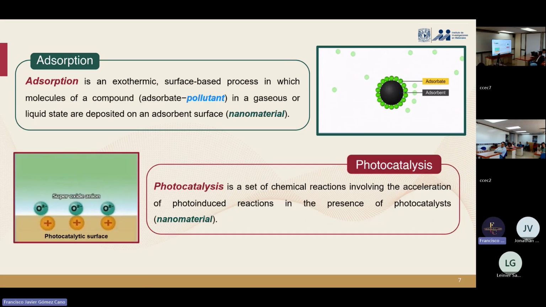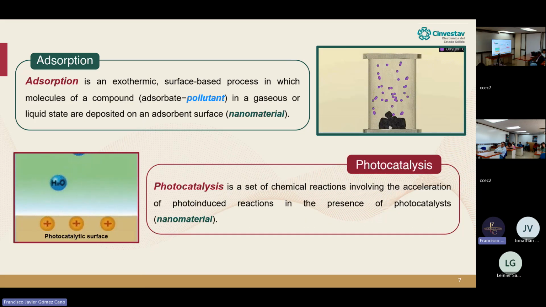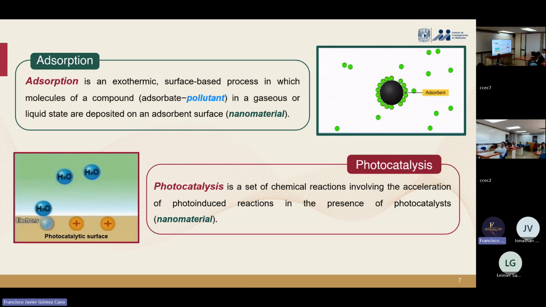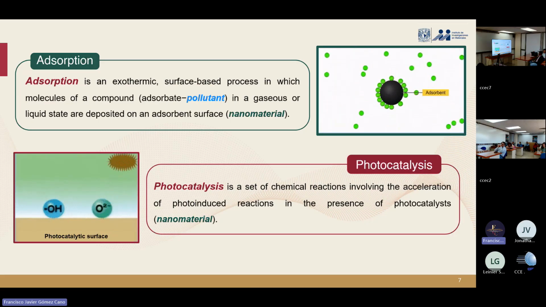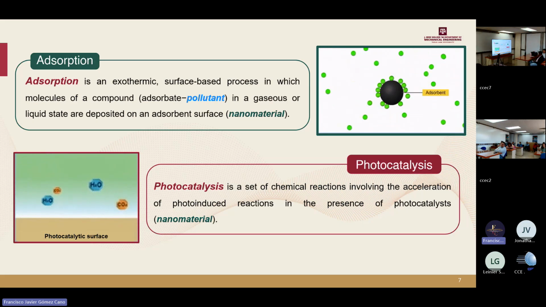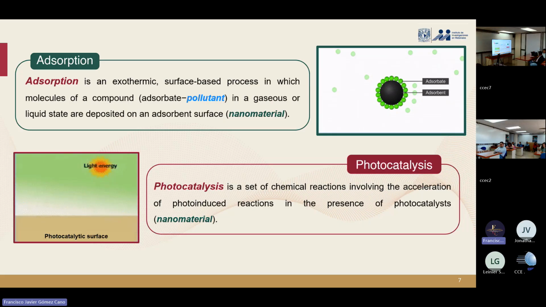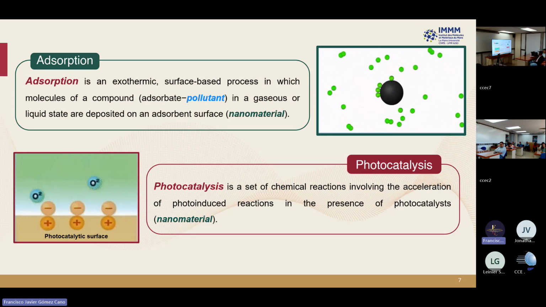On the other hand, photocatalysis is a set of chemical reactions involving the acceleration of photoinduced reactions in the presence of a photocatalyst, or the nanomaterial. Something important to mention is that with the first phenomenon, absorption, the pollutant doesn't disappear. It only remains absorbed on the surface of the material. With photocatalysis, the pollutant disappears, or these different pollutants or molecules are transformed into non-polluting molecules. That is the general difference between these two processes.